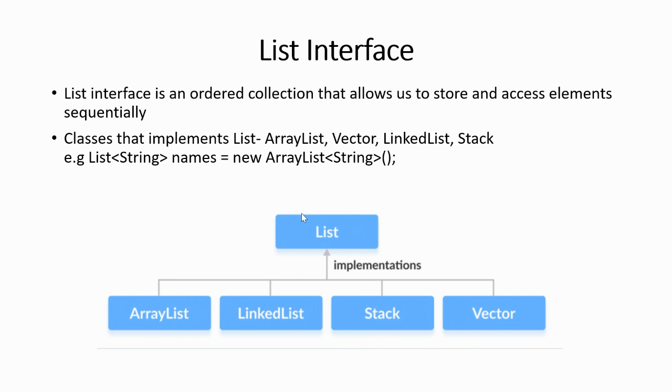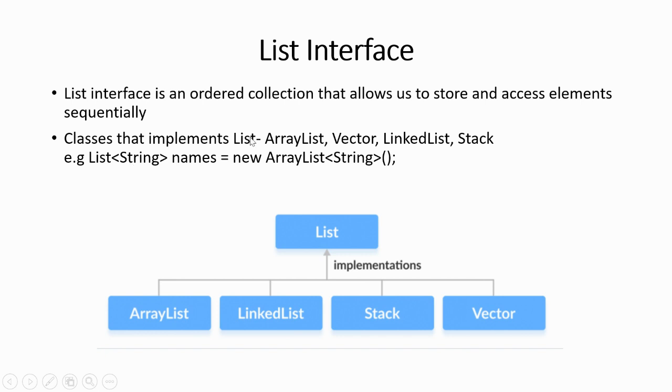Here I have given one example as list of string names, right? Here you can have Integer, the wrapper class, but you cannot have the primitive int, that's not supported here. Inside this open and close bracket, this is called a diamond, and this is generics, right? We have seen what a generic is.